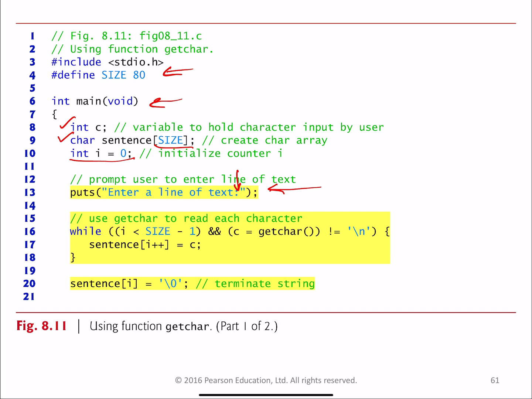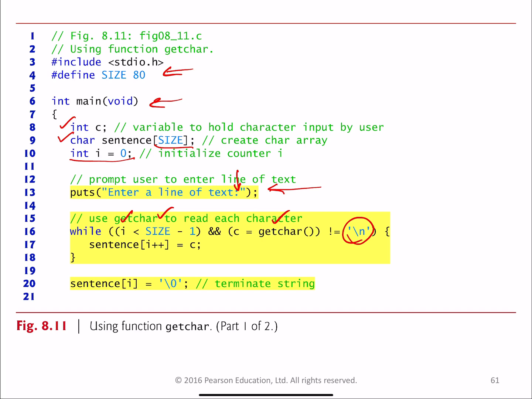Okay, then we have a while loop, which goes from 0 until the maximum size of the string that we can save, meaning SIZE - 1. So it goes until the loop counter i stays within the range, within the size of the maximum string we can store, and the call to getchar does not return a new line.